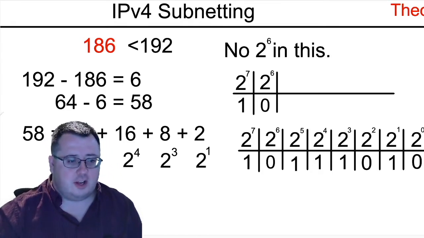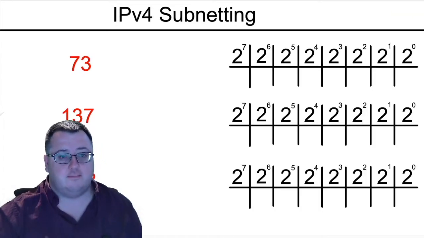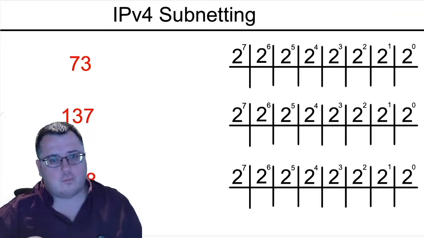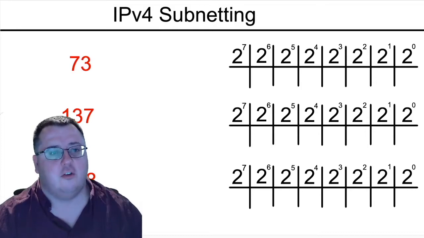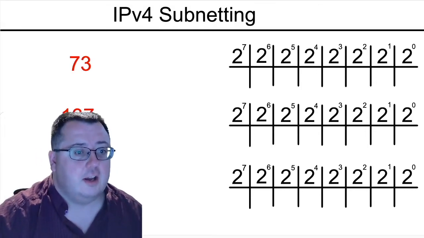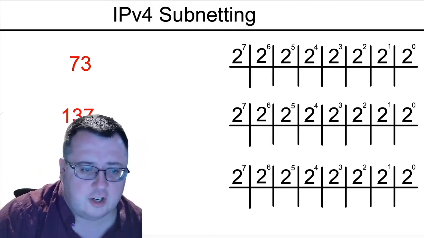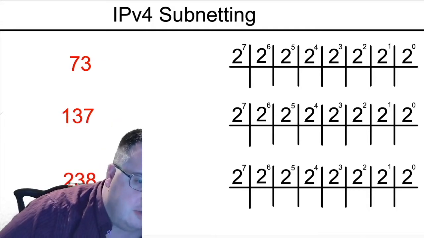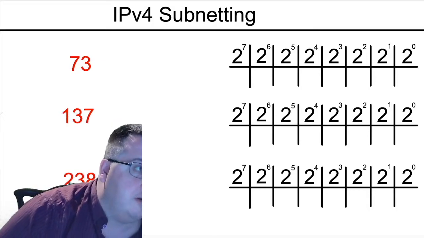Right, so the next thing we have to look at is, can you do this? Can you convert 73 into its binary string, 137 and 238 into their binary strings?